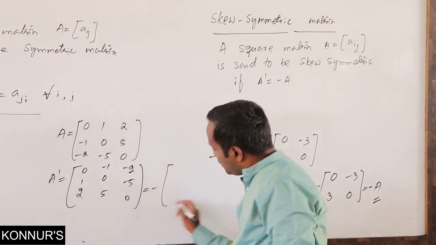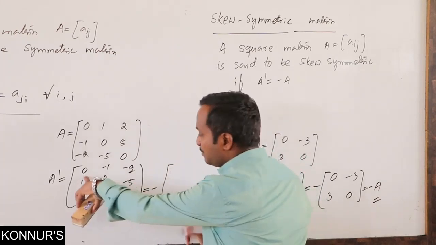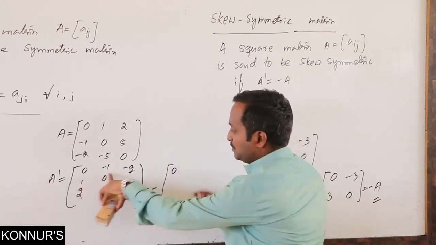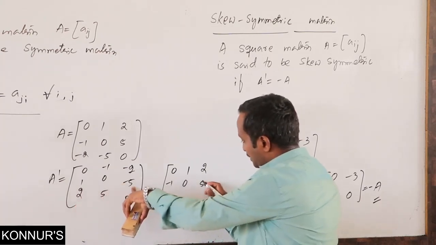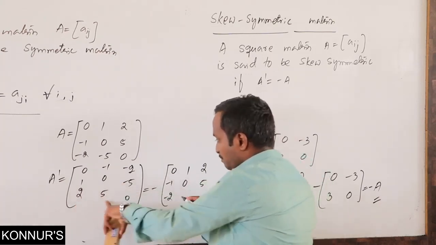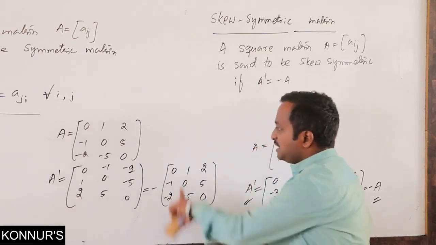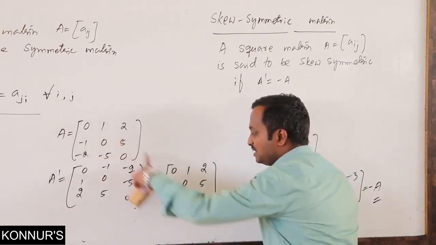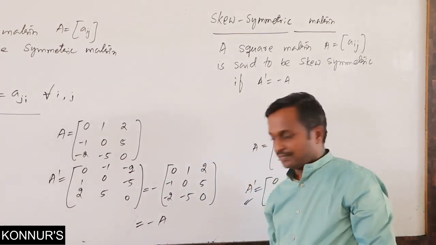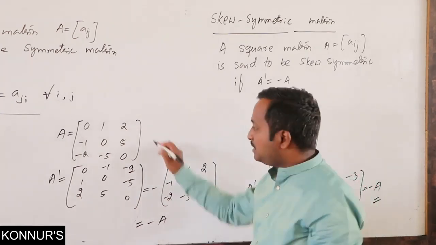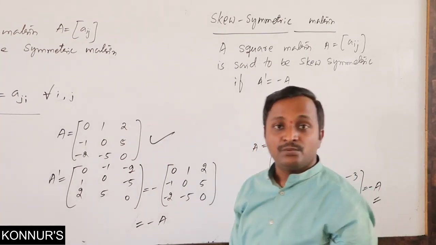Multiply minus on all elements: 0, 1, 2, minus 1, 0, 5, minus 2, minus 5, 0. Isn't it the same? Yes, it is the same. Minus outside is there. A dash equal to minus A. That's why this is also called a skew symmetric matrix.